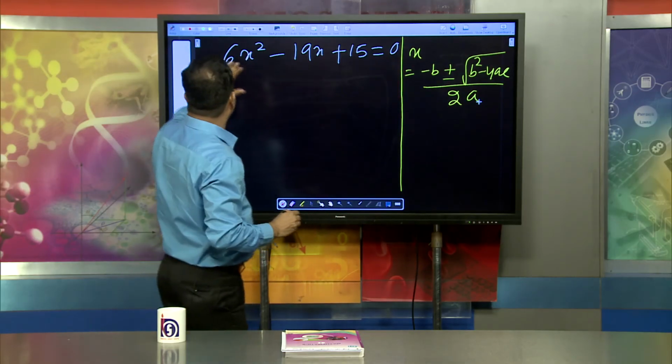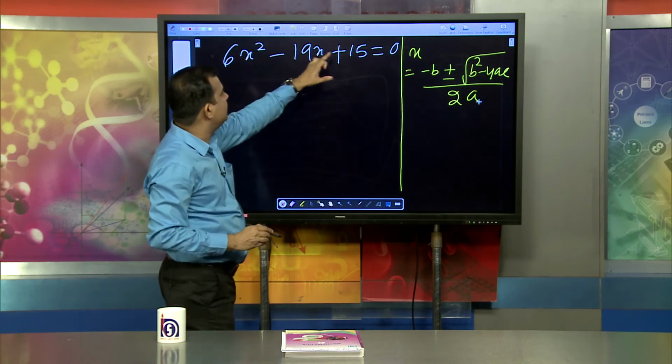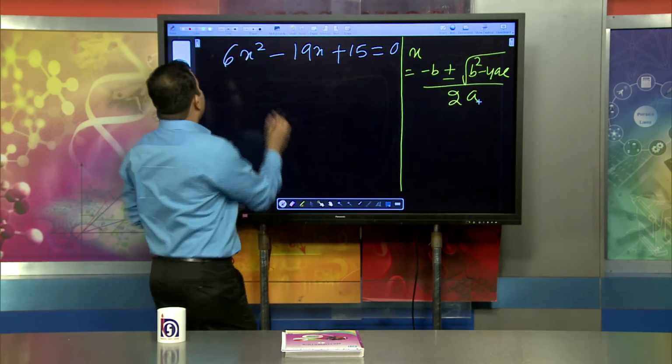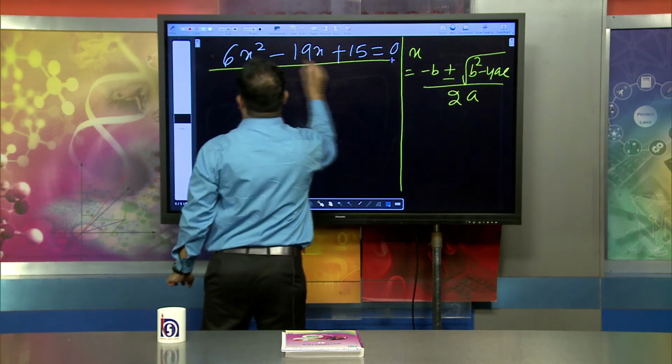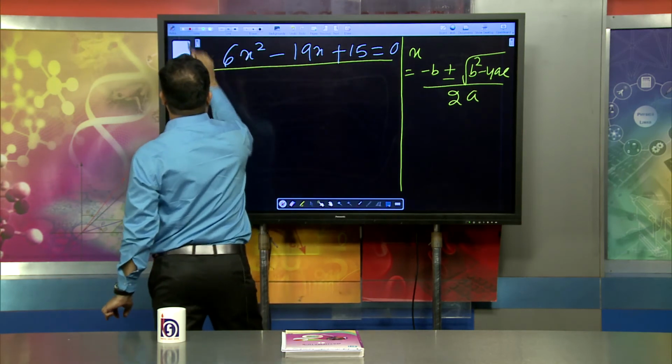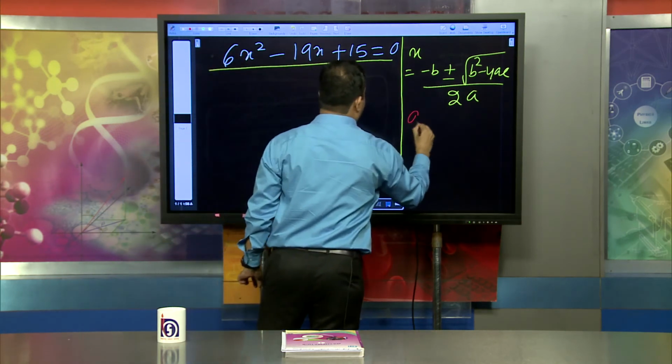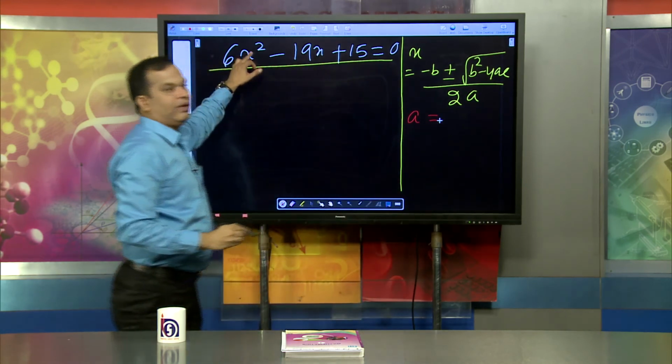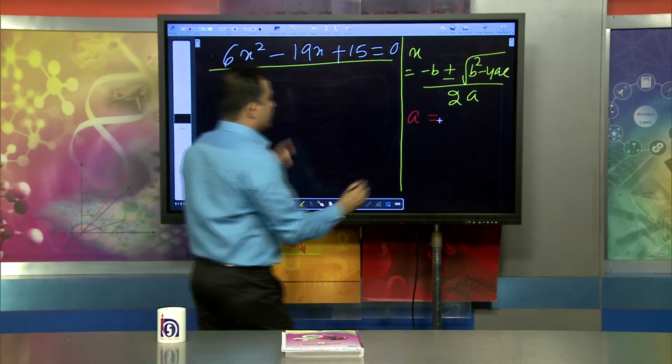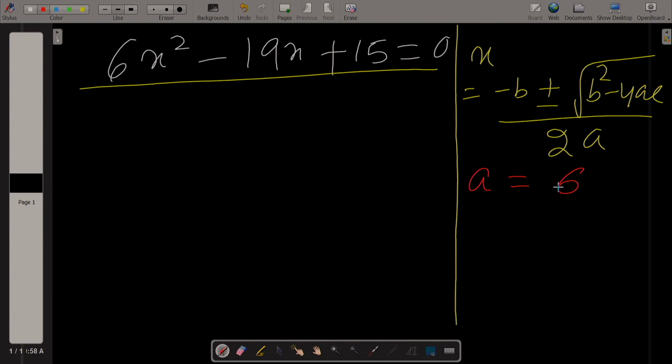Now, the question is 6x² − 19x + 15 = 0. First you have to find the value of a. Here the value of a equals the x² coefficient, so a = 6. The value of b equals −19.